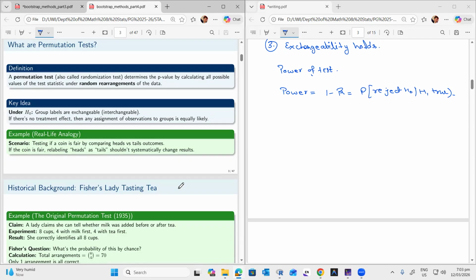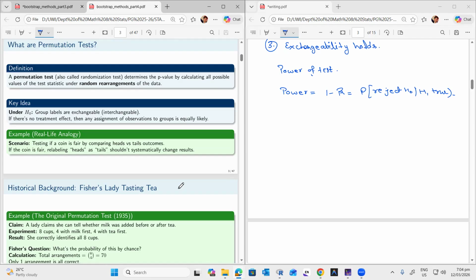Permutation tests, also known as randomization tests, are a class of resampling methods that rely on rearranging the observed data to assess the significance of the test statistic. Unlike parametric tests like the t-test, ANOVA, and others, they do not assume a specific distribution, like a normality assumption for the data.